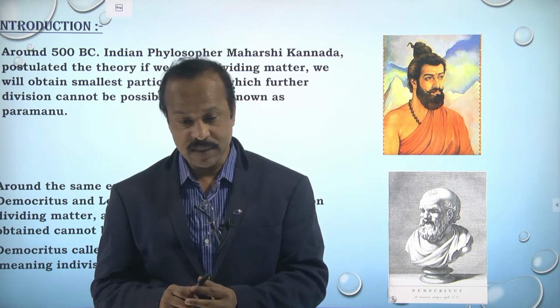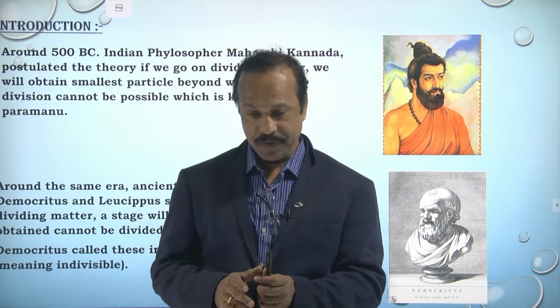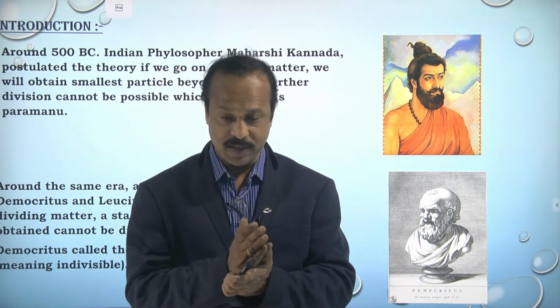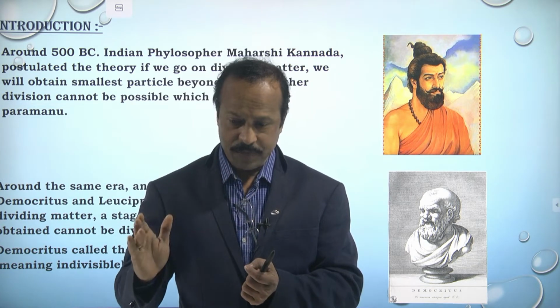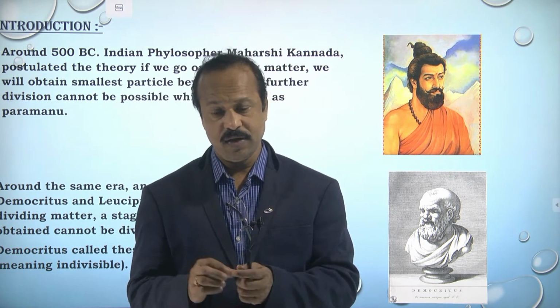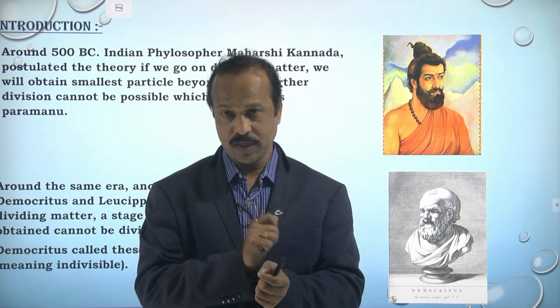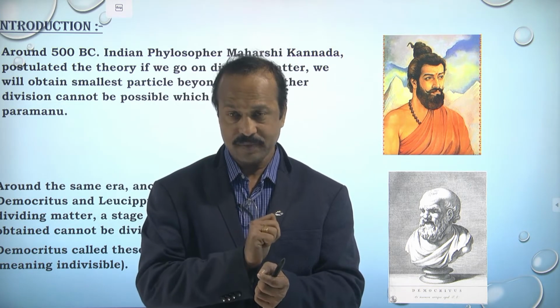So 2700 years back, there was an idea that when you break any matter continuously, finally a stage will appear where we cannot break that particle. Such smallest particle is called atom.